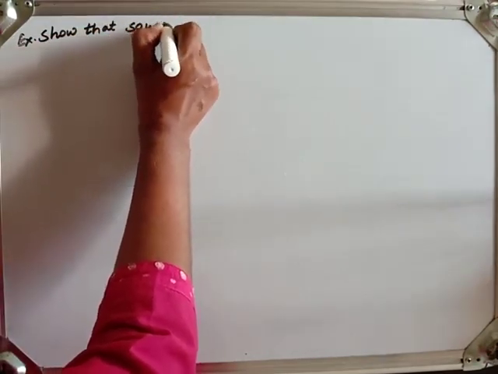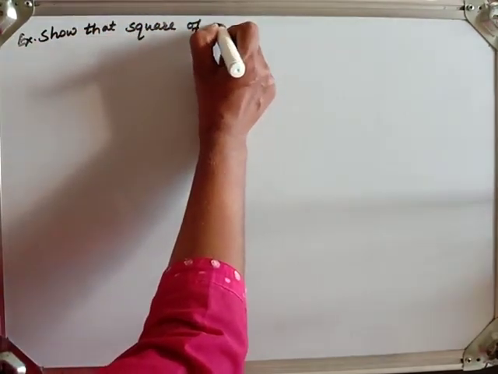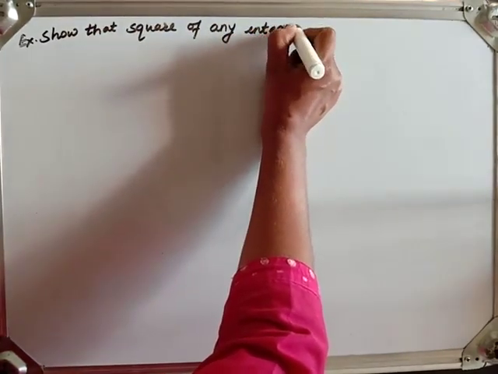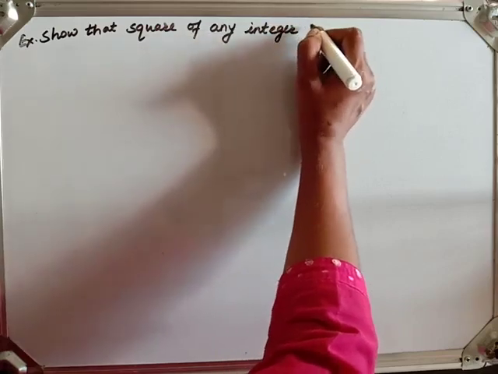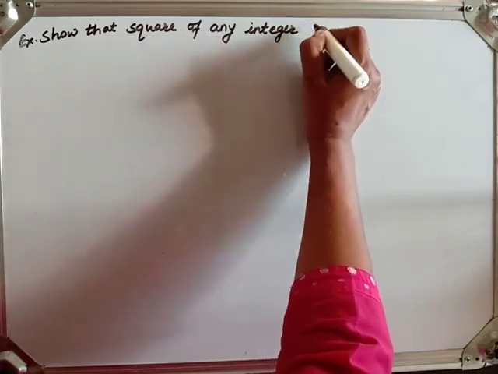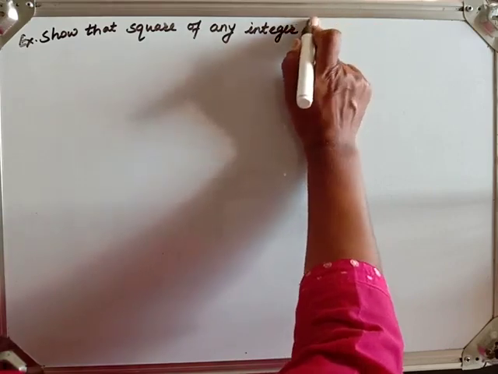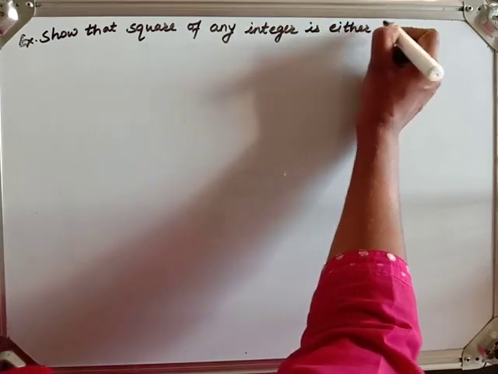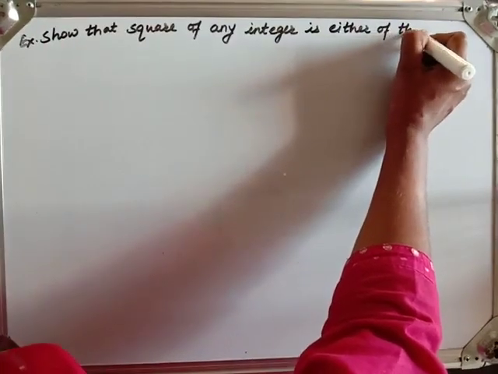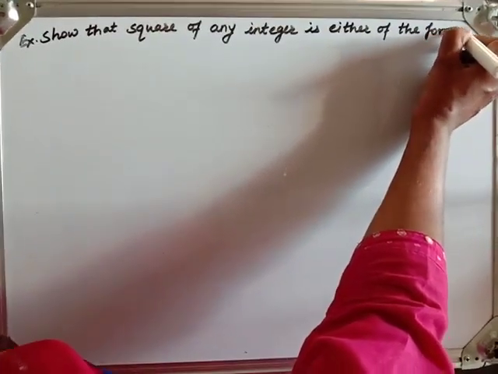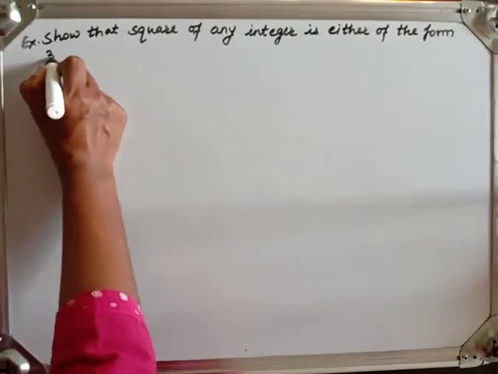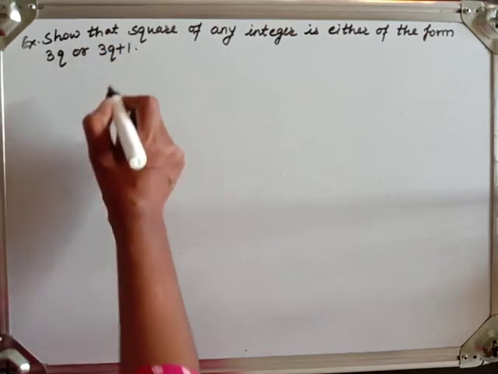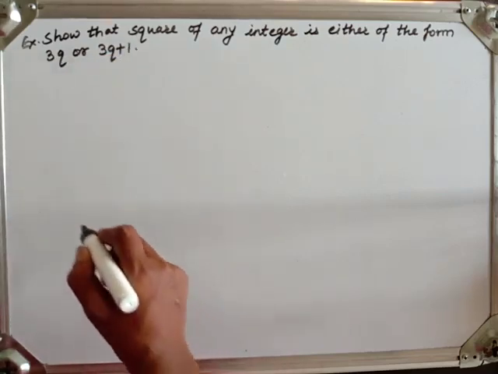Show that the square of any integer is either of the form 3q or 3q plus 1.